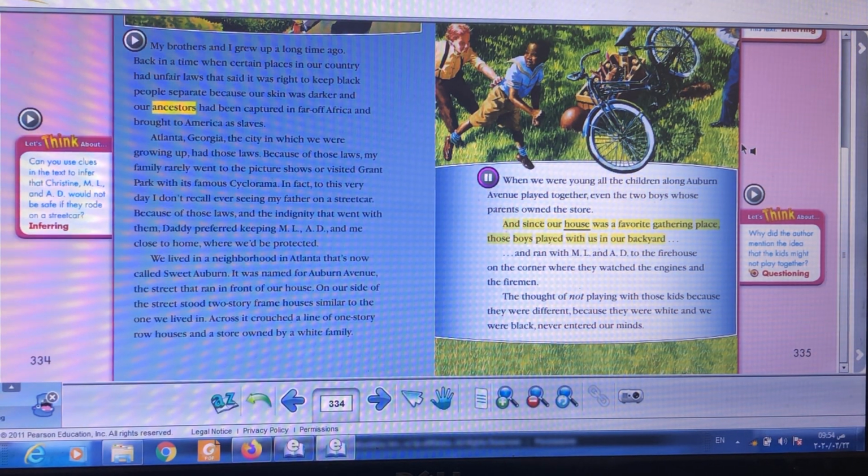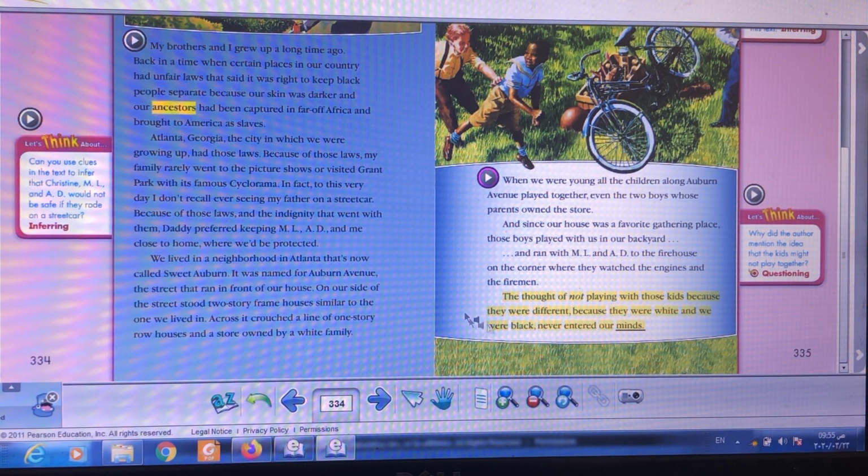And since our house was a favorite gathering place, those boys played with us in our backyard and ran with ML and AD to the firehouse on the corner, where they watched the engines and the firemen. The thought of not playing with those kids because they were different, because they were white and we were black, never entered our minds.